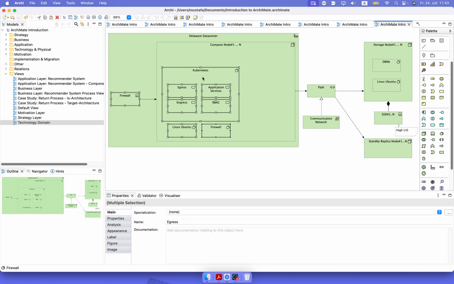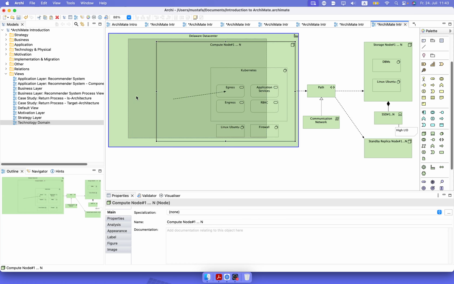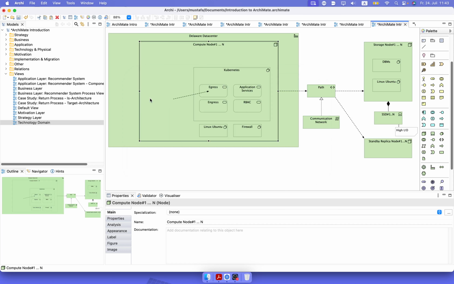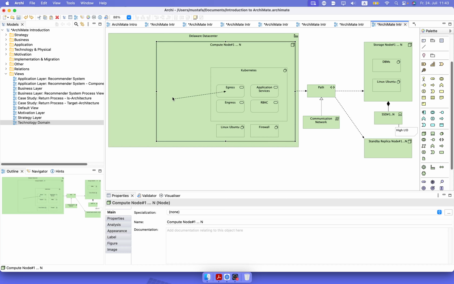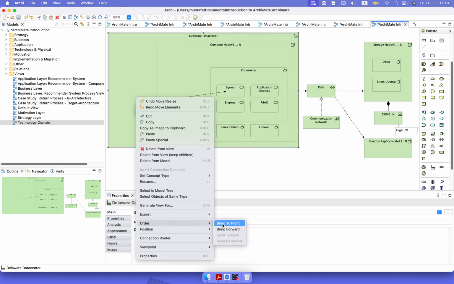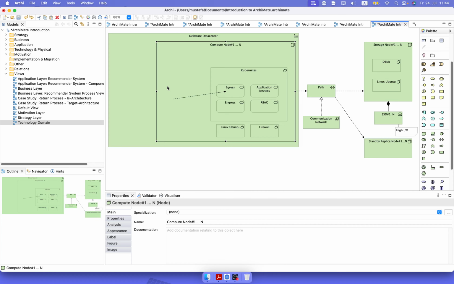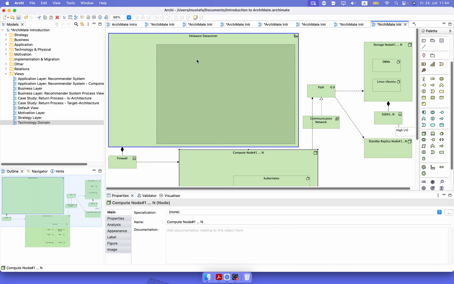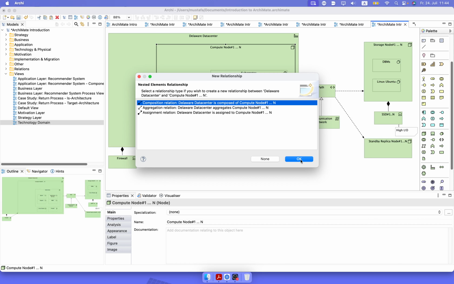And we could do the same. Let's have this a little bit more aligned. We have missed one; a firewall has been lost in the background. Here it is. Moving elements is not quite as easy.